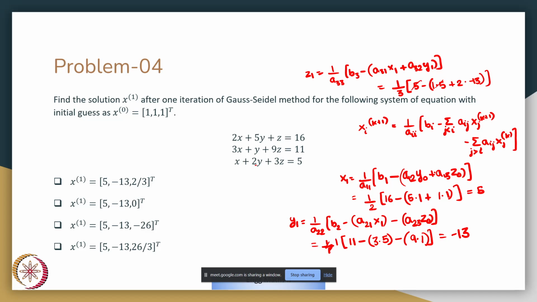So 5 and minus 5 should cancel out and we should get 26 by 3 as the updated value of Z. So our overall updated solution vector should look like 5, minus 13 and 26 by 3. So that covers an example for the Gauss-Seidel method.